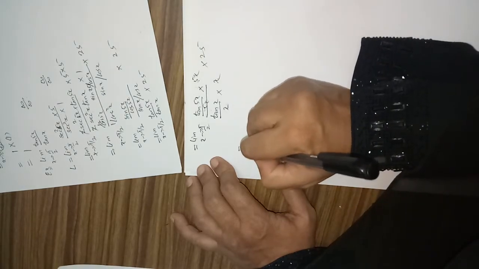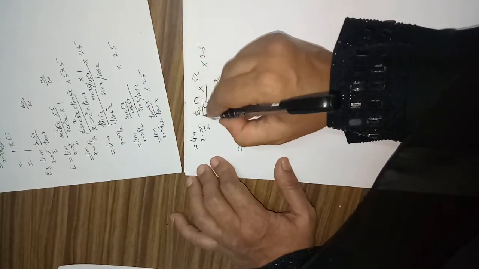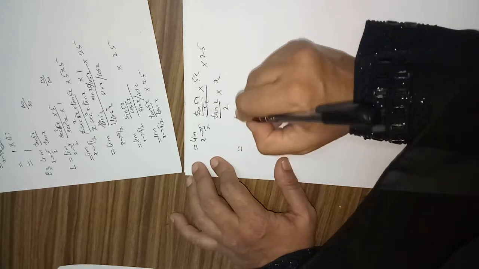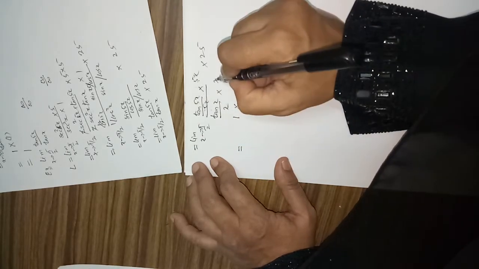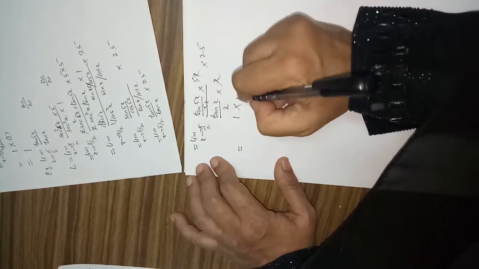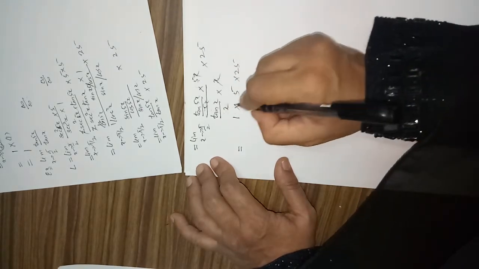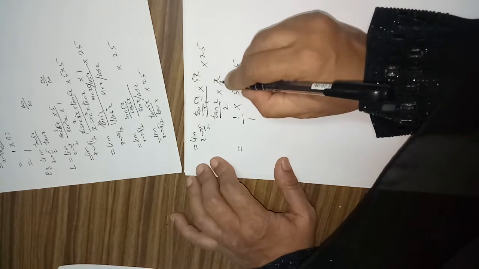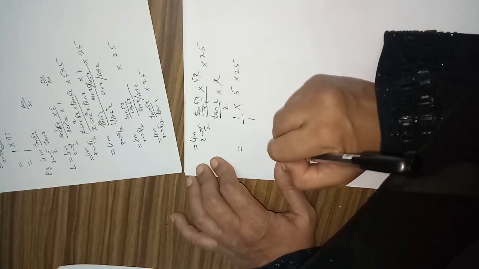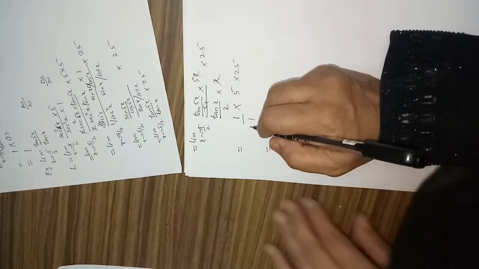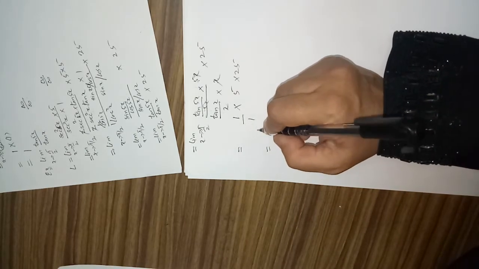Therefore this is equal to 1 into this x cancels. Here comes 5 into 25 divided by 1. Therefore altogether 25 fives are 125.